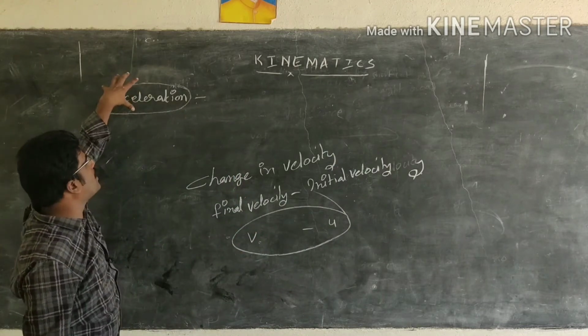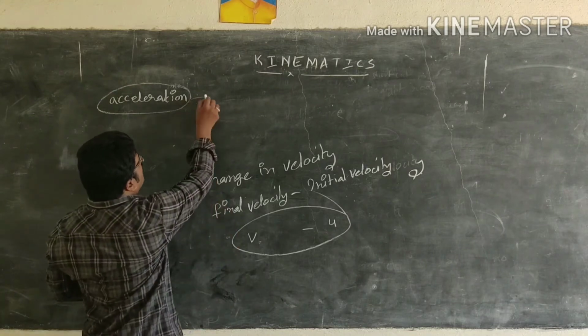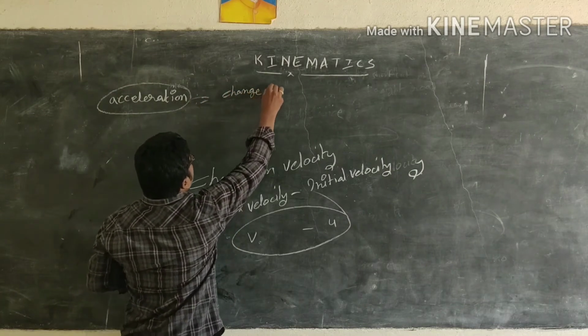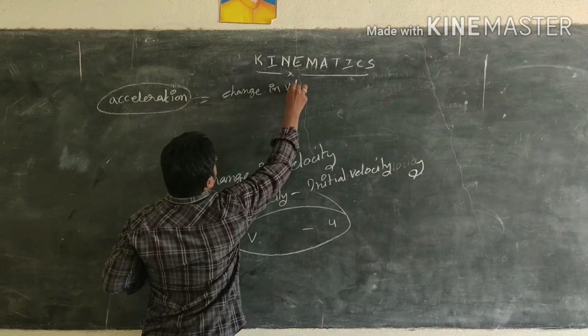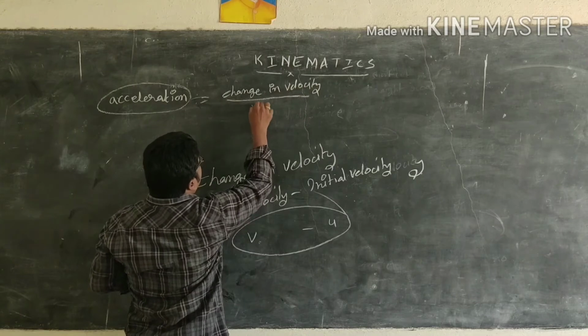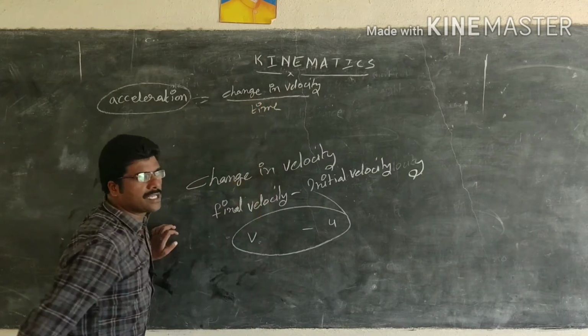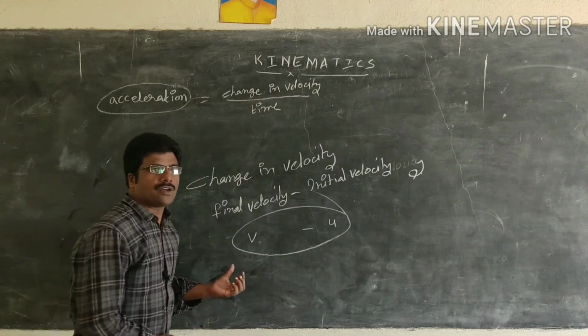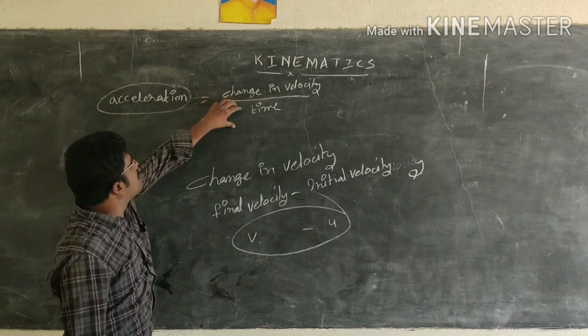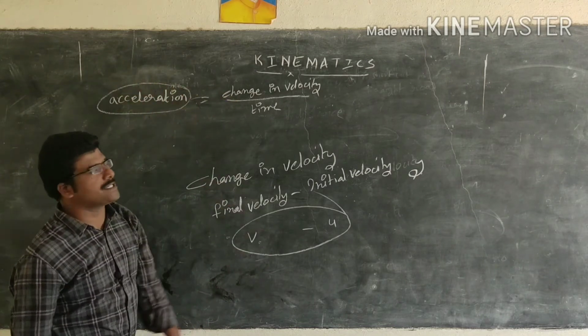So the formula for acceleration is equal to change in velocity by time. In order to change the velocity, it takes some time. So change in velocity by time gives acceleration.